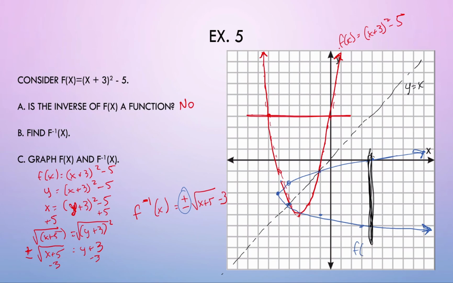This is f inverse of x, which is plus or minus the square root of x plus 5, minus 3. So, the inverse is not a function. When we graph these, they're symmetric across the line y equals x, and we can see that the inverse does not pass the vertical line test.